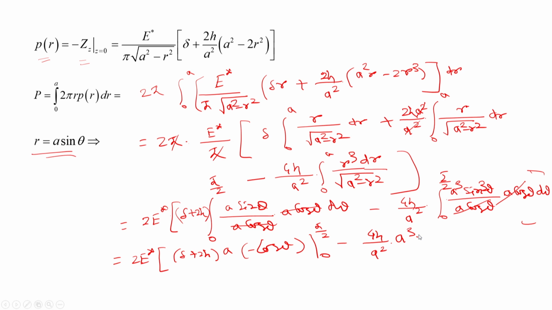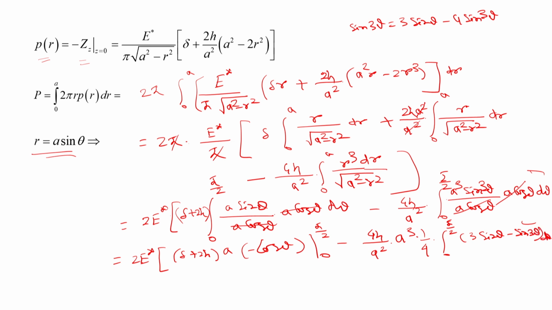For sine cube theta we have to use the sine 3 theta formula: sine 3 theta is equal to 3 sine theta minus 4 sine cube theta. So 4 sine cube theta is 3 sine theta minus sine 3 theta, into d theta.